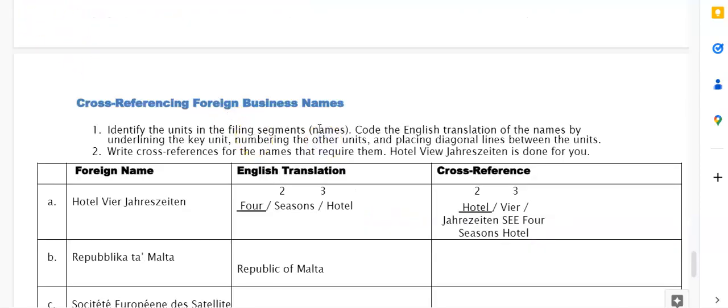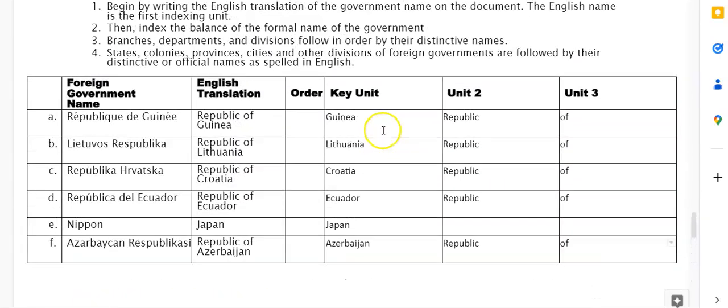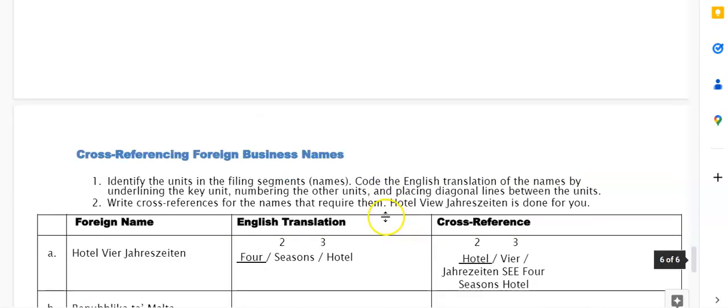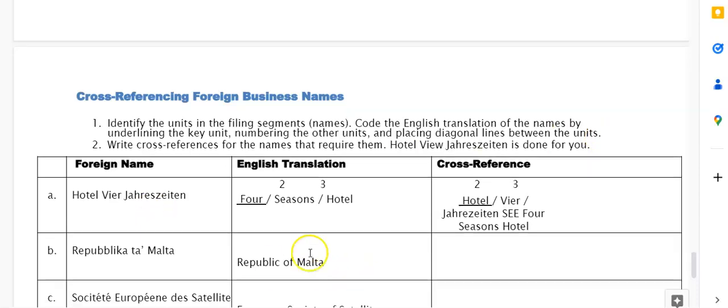And so the cross-references for Chapter 5 focuses on foreign names. So the steps here is to first identify the units in the filing segments. And just like when we had foreign government names, we want to code the English translation of the names.